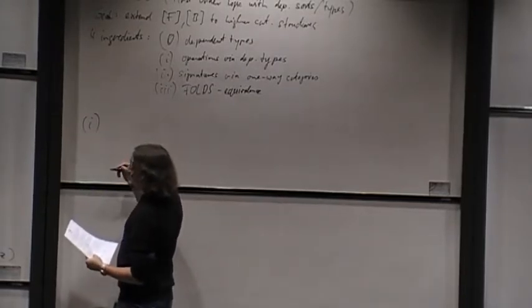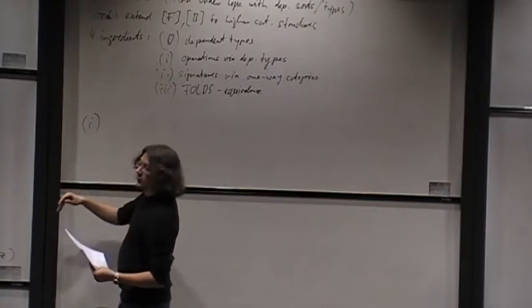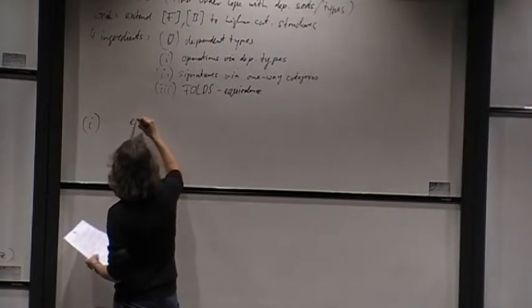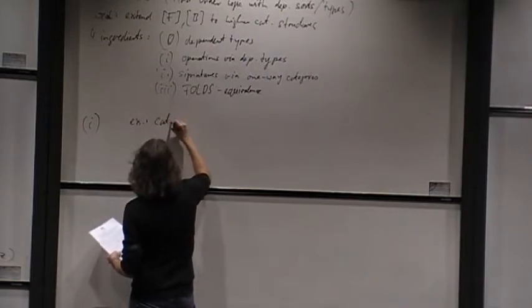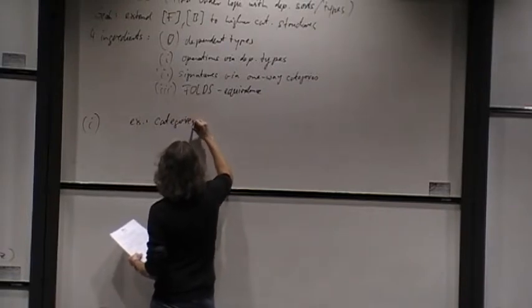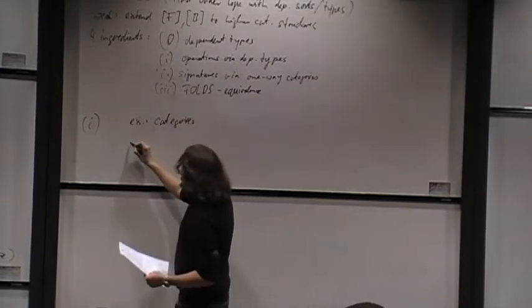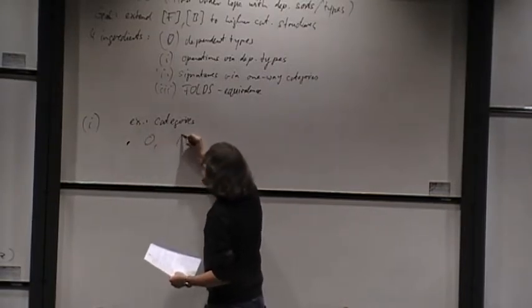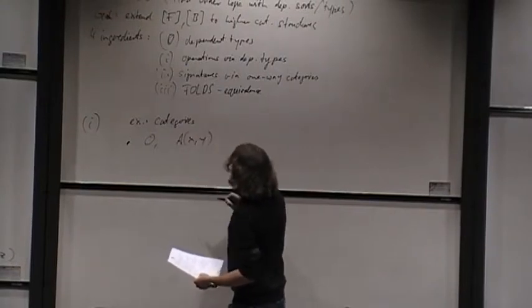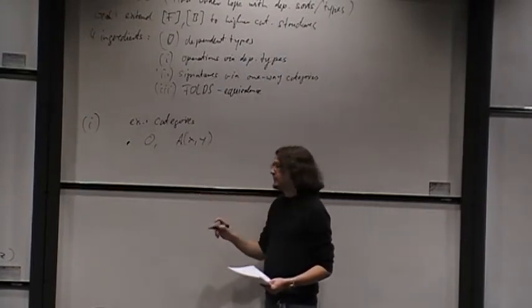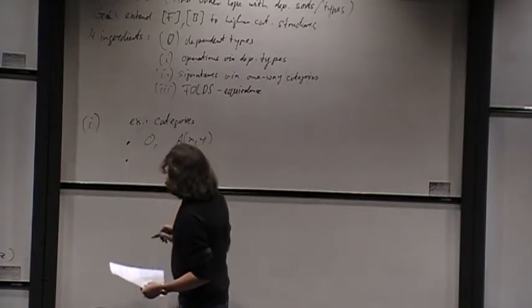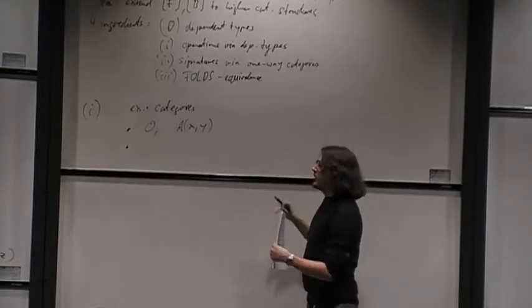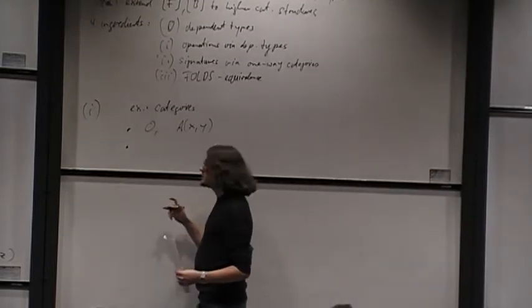So the definition of a category in Makkai's sense would look as follows. Example, categories. A category would be given by a collection O of objects and a family of collections A(x,y) as before. But then composition would not be given by a function, but by a predicate on triples of arrows.